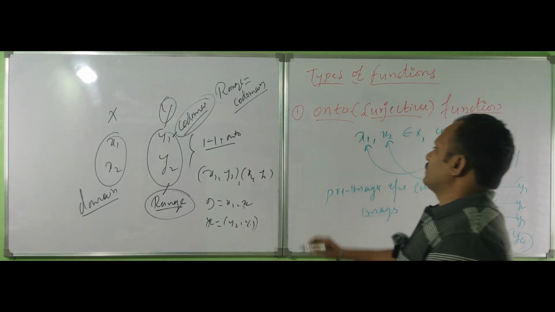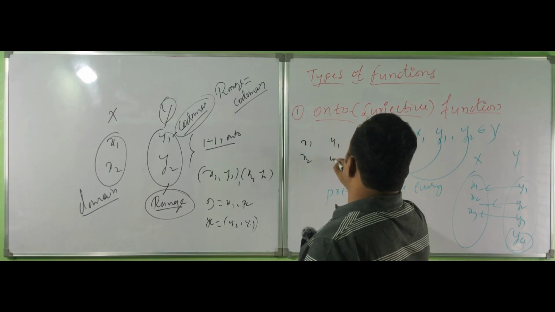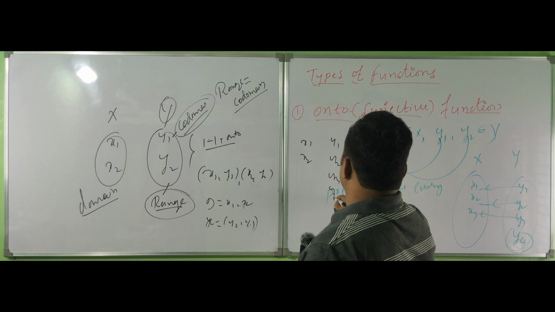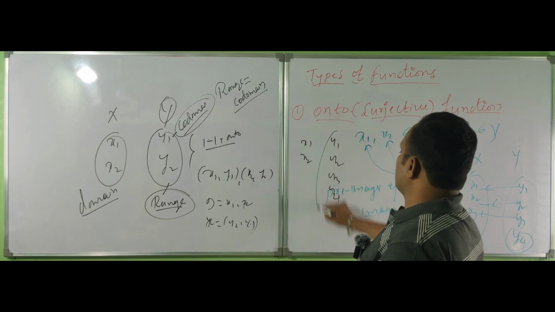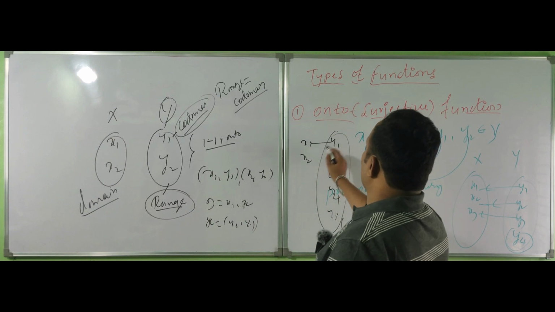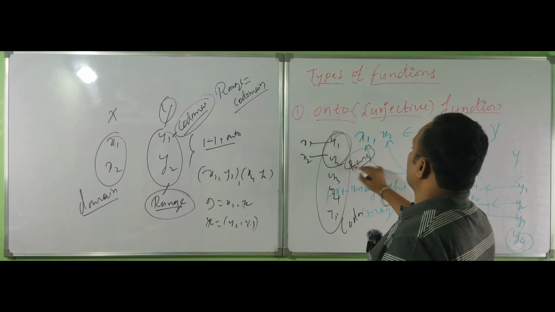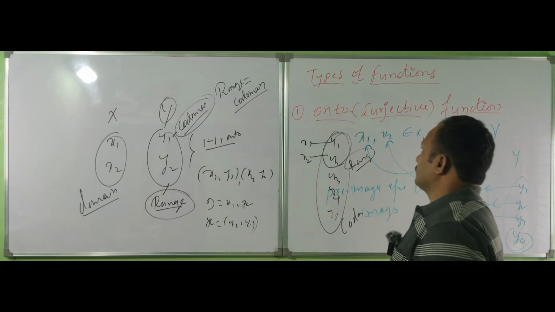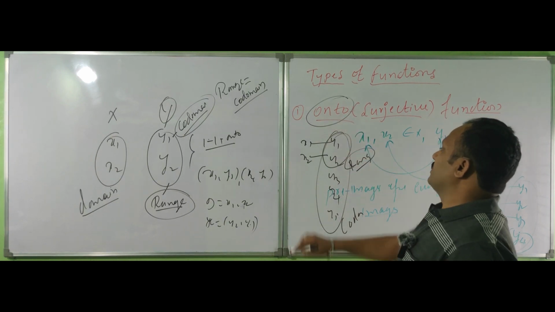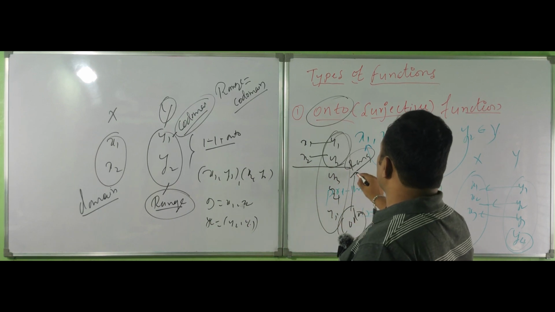So codomain means what? You can take x1, x2, and y1, y2, y3, y4, y5. This is the codomain. We have two elements for it, so this becomes the range. That's why in the onto, or surjective, function, the codomain is reduced to the range.